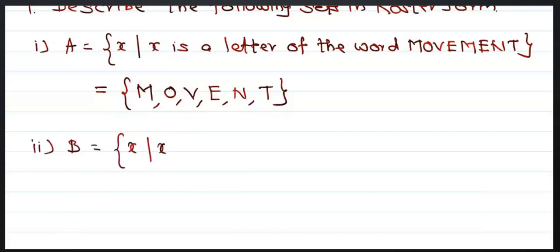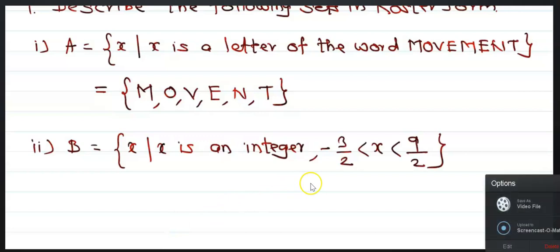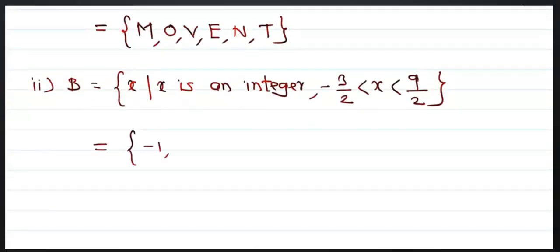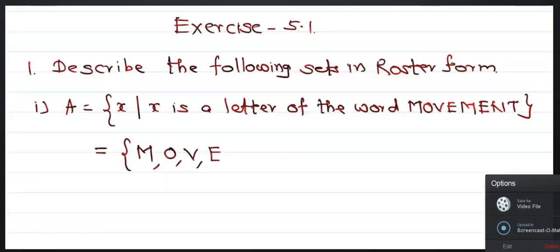Now the second, B is equal to {x such that x is an integer and x lies between minus 3 by 2 and 9 by 2}. These are the numbers. Let's see again.